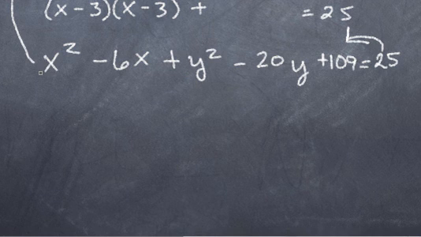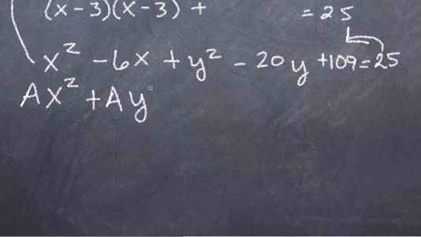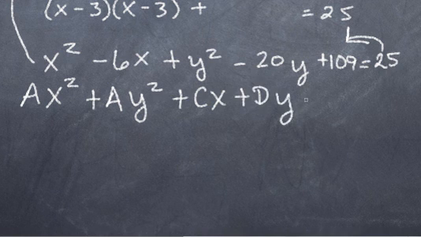Remember that the general form, which I'm going to write out real quick, is a x squared plus a y squared plus cx plus dy plus f is equal to 0. So we take our 25 over to the left hand side and we get 0.